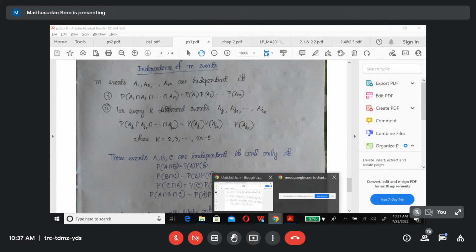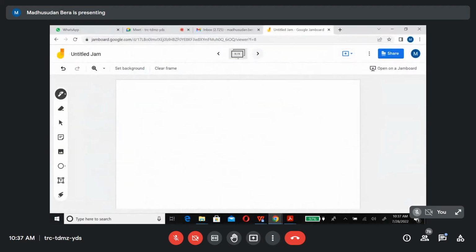All possible intersections. M events are independent. Suppose M events A1, A2, ..., Am are independent. So what is the condition?